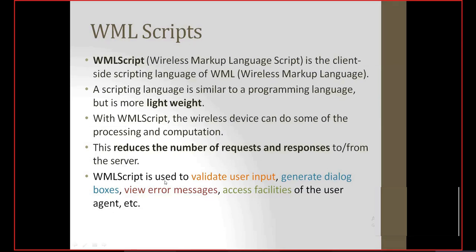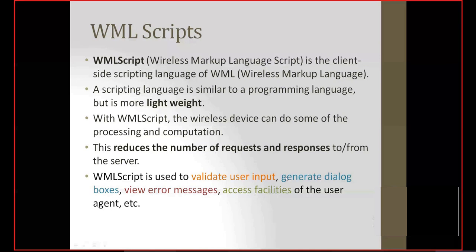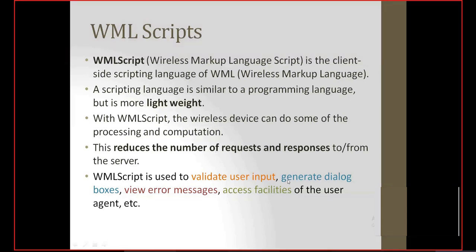General use of WML script, as you can see, is to validate user input, generate certain dialog boxes in case of wrong input, or in case of some action which requires intervention by the human. So for that reason, dialog boxes may be generated through WML script.